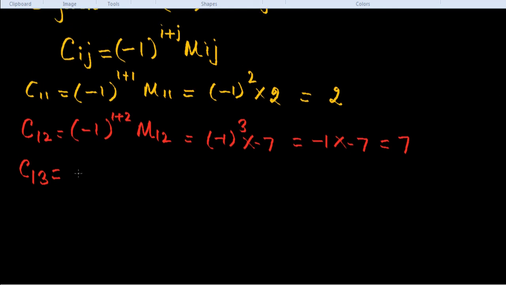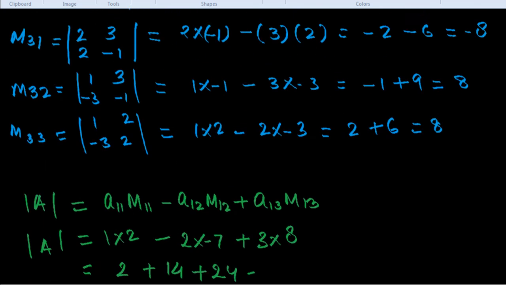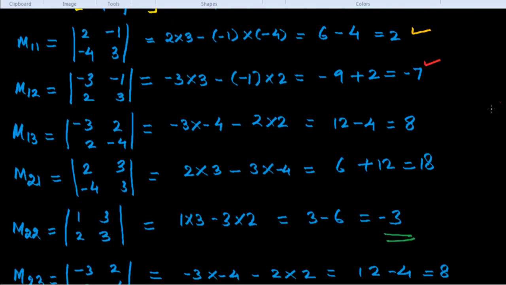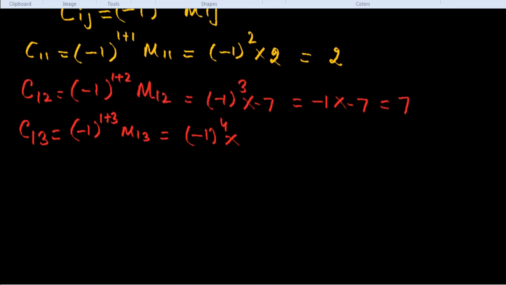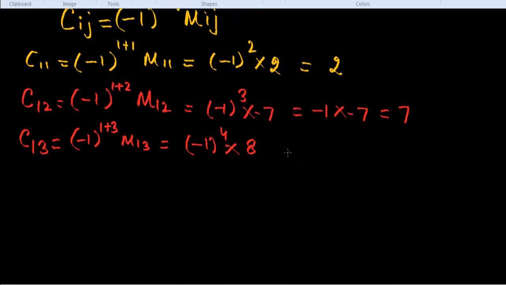So C13 is minus 1 to the power 1 plus 3 M13, and minus 1 to the power 4, and we know the value of M13 is 8. We have to put here 8. We got the even power, we get 1 here, so we get the value of 8 here.